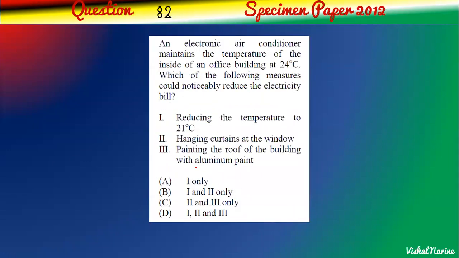All right, 82. While you're reading 82, let me just comment on a question. There was a question earlier that asked about pressure in a liquid, if it depends only on the density and the depth.